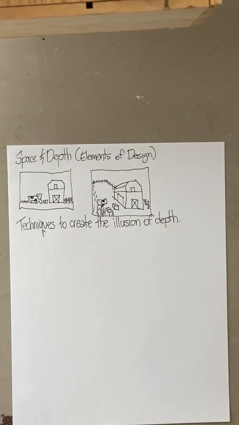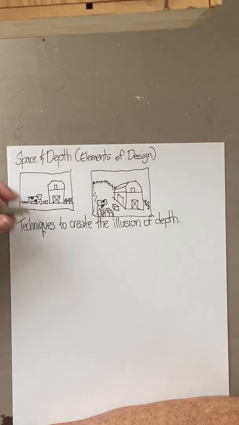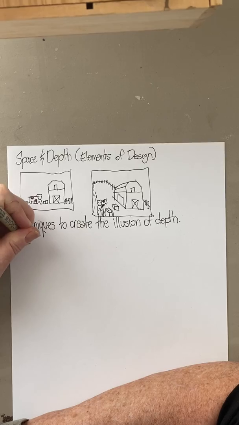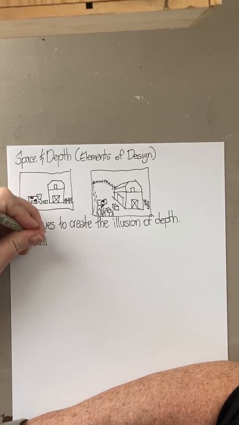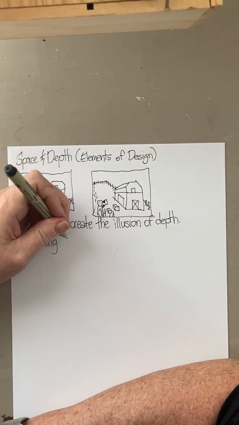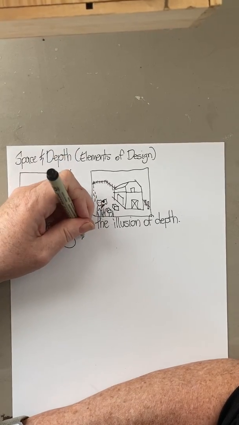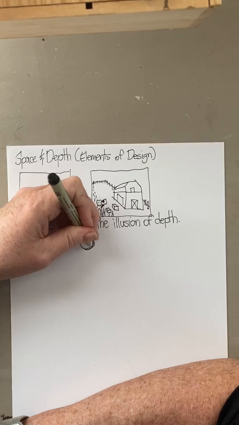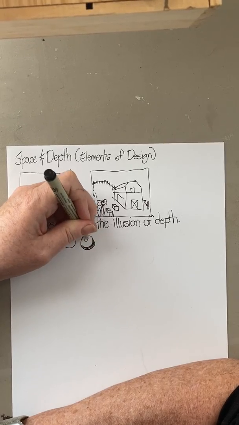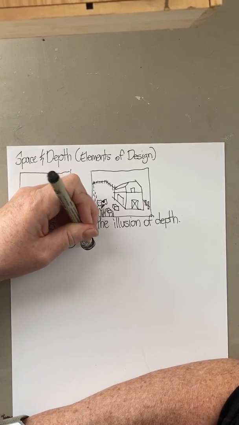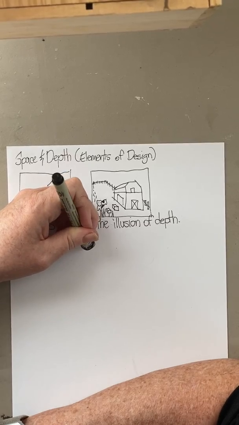All right, so some of these you've done already. The shading is the obvious one. You knew that when you drew this, it was 2-dimensional. In order to make it 3-dimensional, you would go ahead and add some shading in so that we ended up with a sphere.